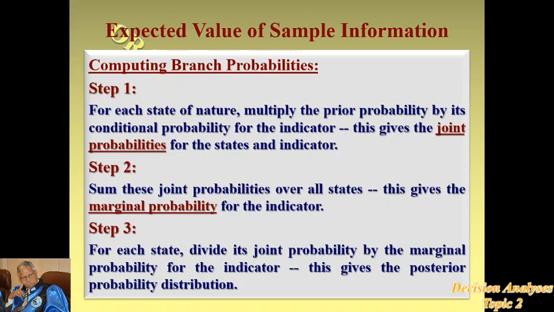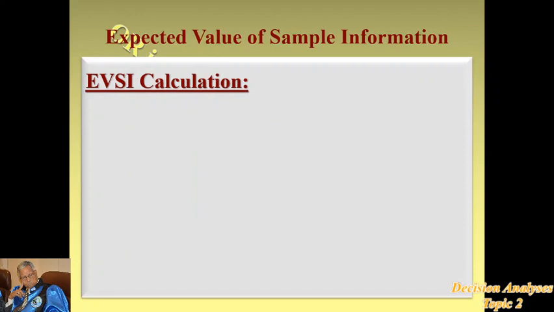By dividing the joint probability of each state of nature by the marginal probability, we will get the posterior probability distribution. Let us consider it numerically with our example. Or let us first complete our theoretical explanation.